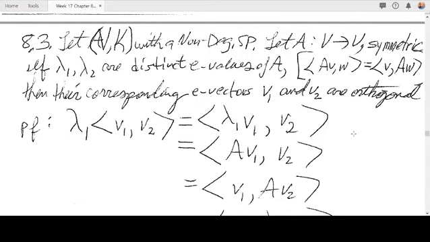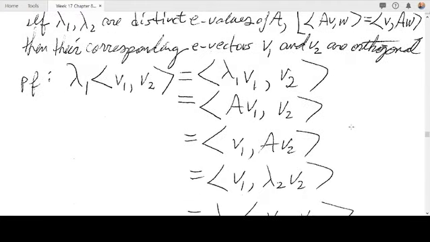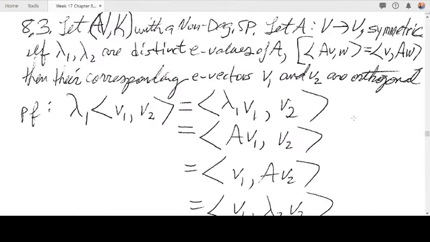If lambda 1 and lambda 2 are distinct, different eigenvalues of A, the symmetric operator, and remember there's the definition of symmetric in the brackets, then their corresponding eigenvectors, V1 and V2, are orthogonal or perpendicular. So here's the proof, and you're responsible for this. So let's start out by looking at it.